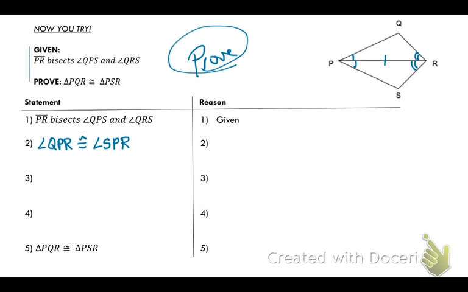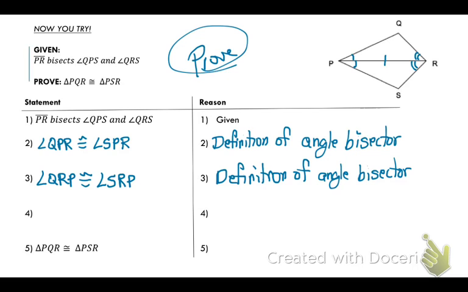So let's write this down. I'm going to write that angle QPR is congruent to angle SPR. And the reason those two angles are congruent is because PR is an angle bisector, so the definition of angle bisector. I can also say that angle QRP is congruent to angle SRP because of the definition of an angle bisector.